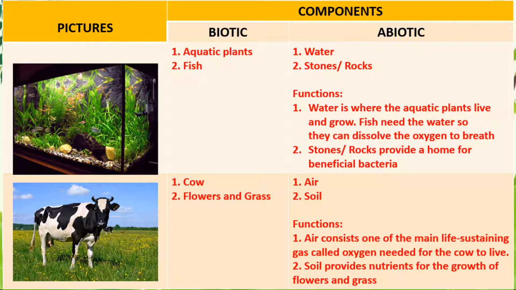So number 1, water is where the aquatic plants live and grow. Also, fish need the water so they can dissolve the oxygen to breathe. Number 2 is stones or rocks. The function of this is to provide a home for beneficial bacteria.